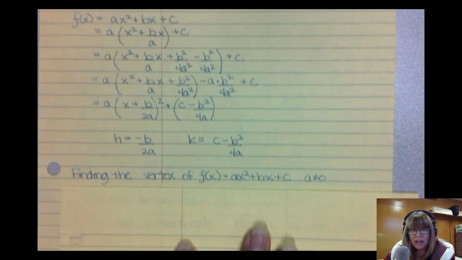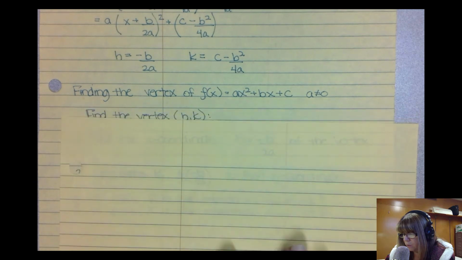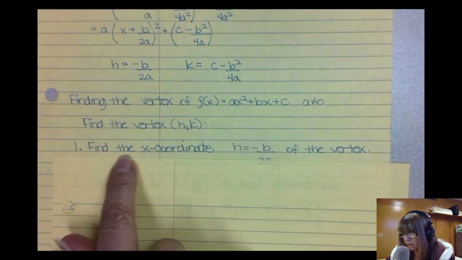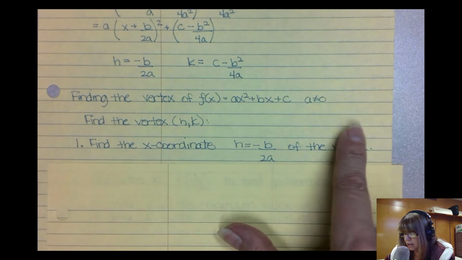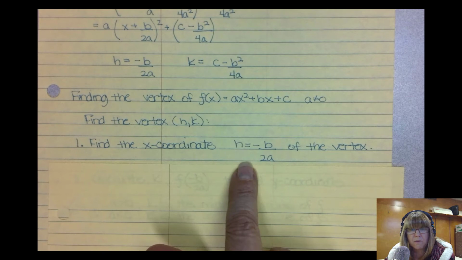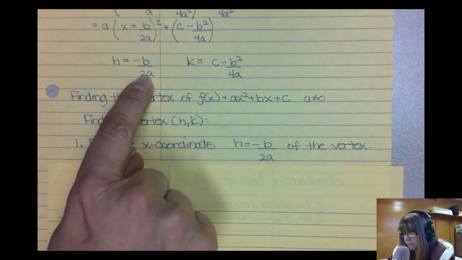So let's find the vertex of this value. Well, we know the vertex is hk, and we're going to find the x-coordinate by use of h equals negative b over 2a. This is of the vertex, h, remember?